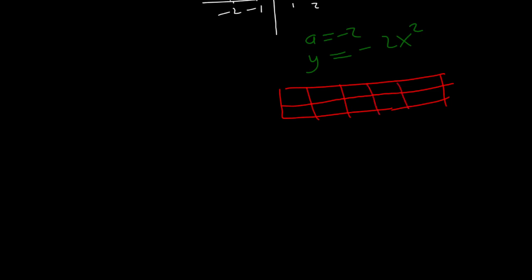Let's consider x, y, -2, -1, 0, 1, 2. But this time around, when we sub with a negative, we're going to sub -2. -2 squared is +4, then the answer is negative, so we're going to get -4, -2, 0, -2, -4.